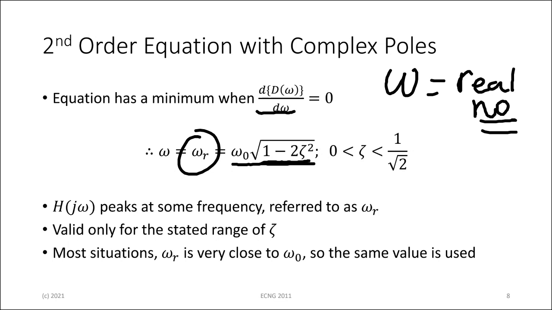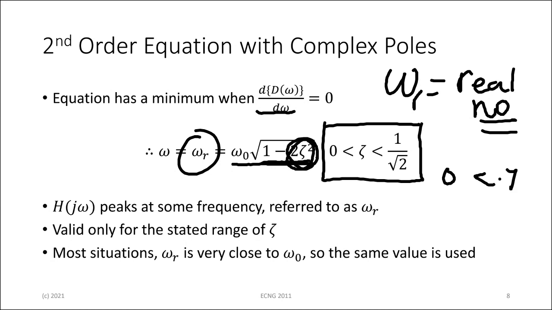This can only be real if 2 zeta squared is less than 1. Otherwise, this whole thing will be a square root of a negative. So we have a constraint here that zeta has to be between 0 and 0.707, 1 over root 2.